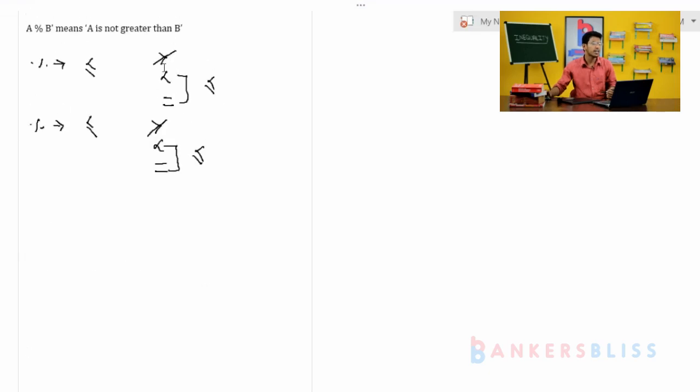Here percentage means A is not greater. So, for percentage I will write the symbols greater, lesser and is equal to.